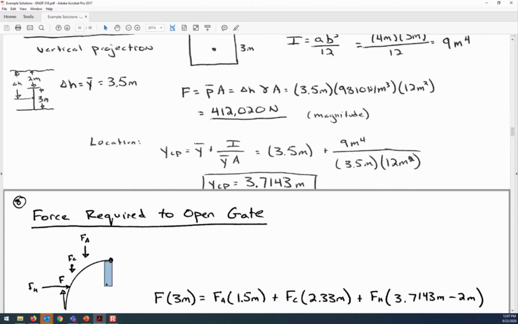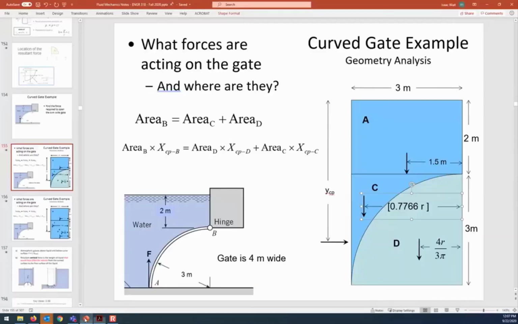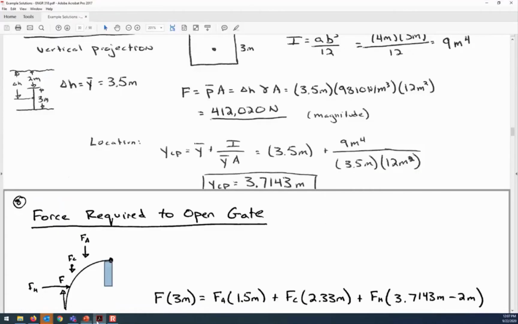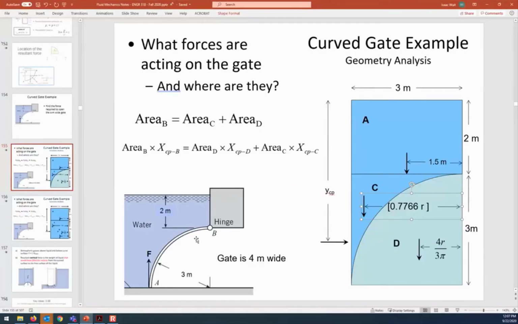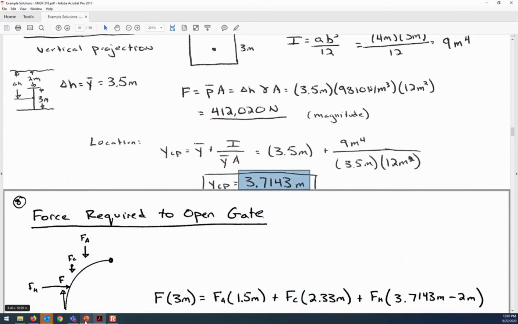So that's the vertical distance. It's 2 meters from the water surface to B, and the overall distance that we'd calculated here was 3.71. So 3.71 minus the 2 meter distance leaves how far below B that force, F sub H, is located.